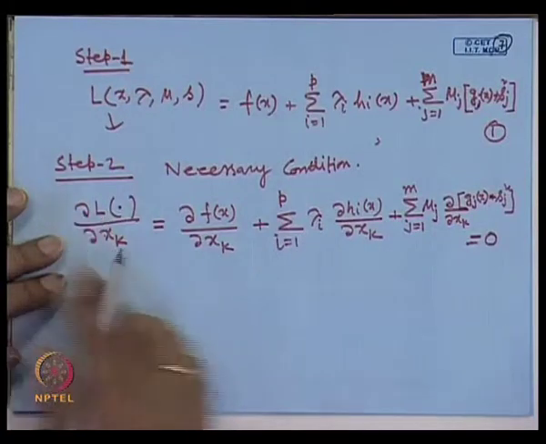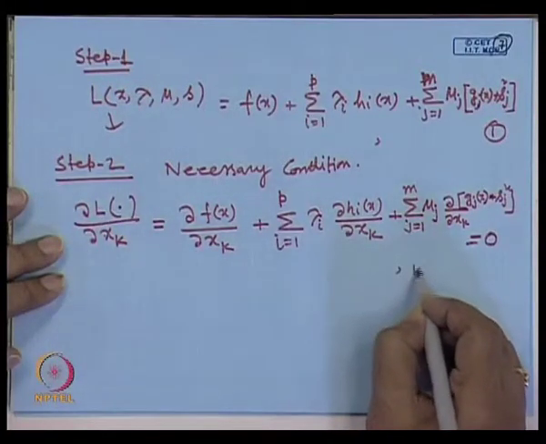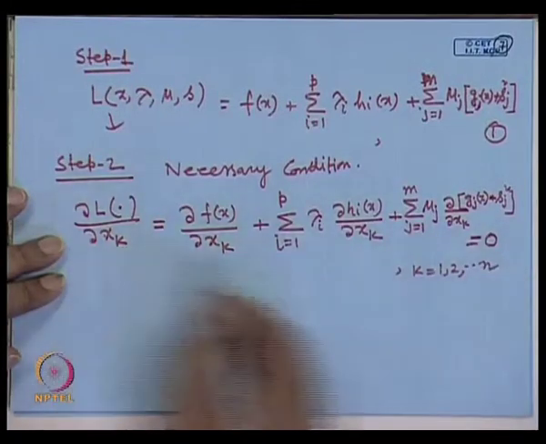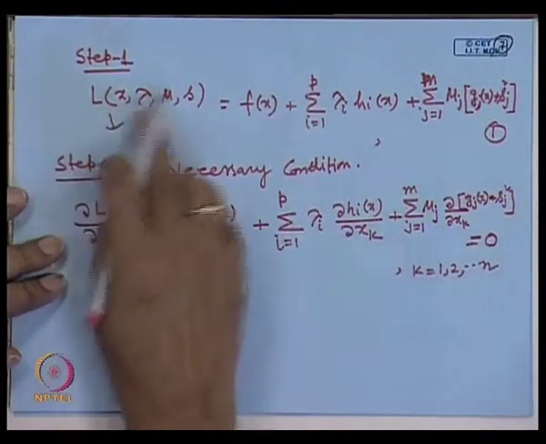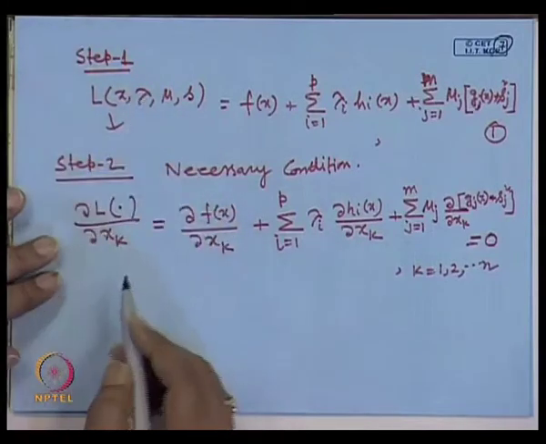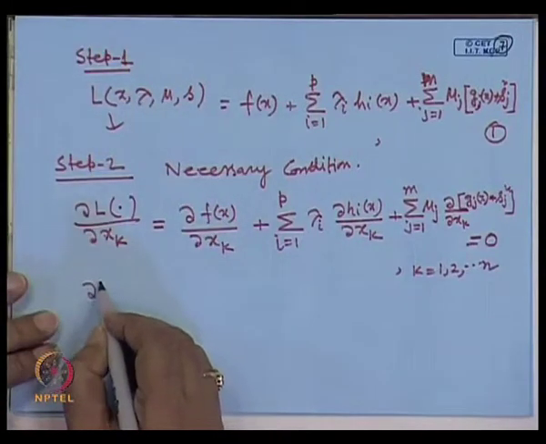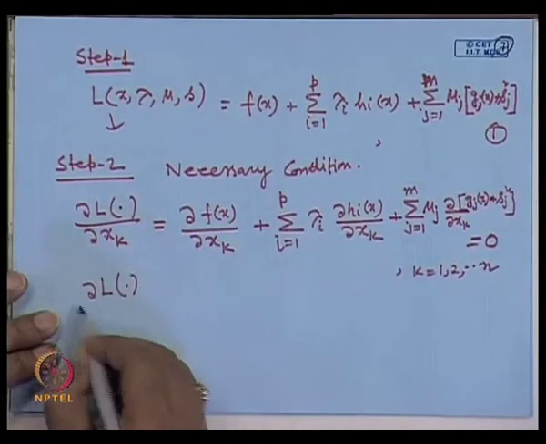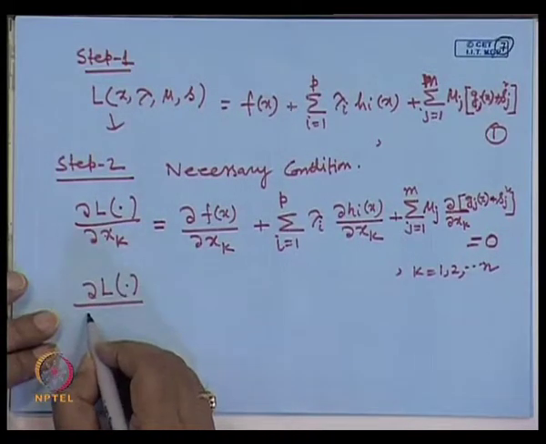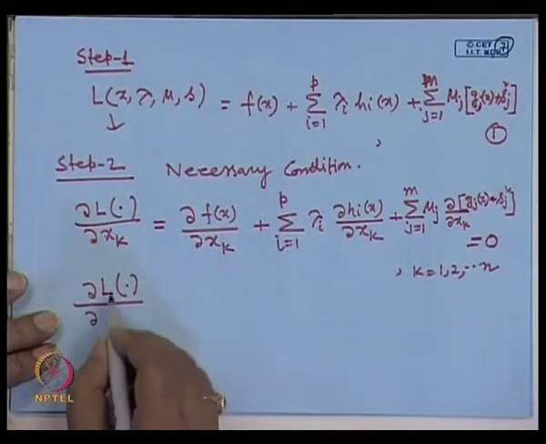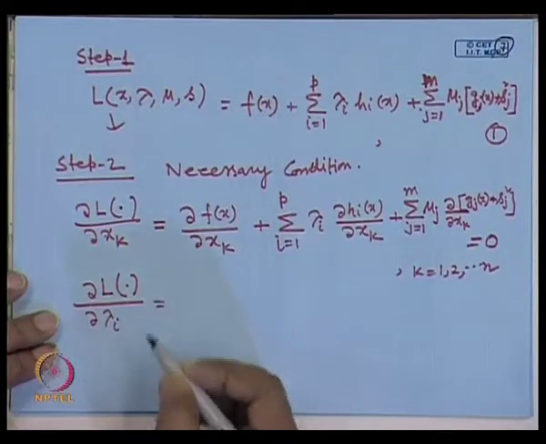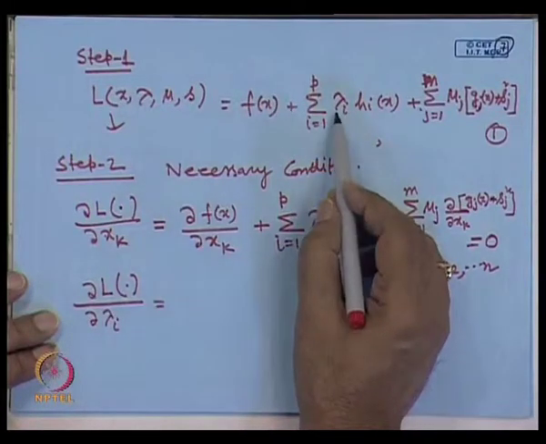We have differentiated this for k is equal to 1 to n, because n variables are there. But L is a function of lambda also. So, again you differentiate the function with respect to lambda i.